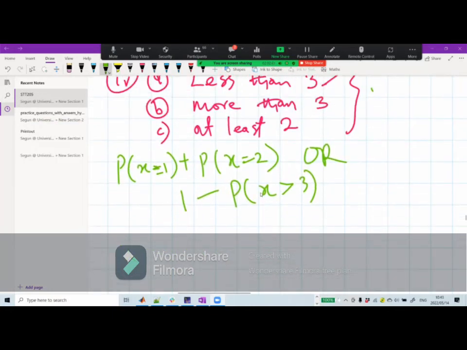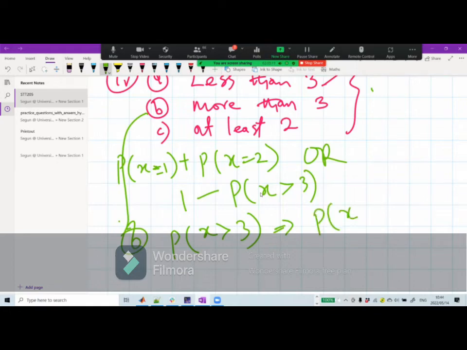Then B: probability of more than 3 is probability of S greater than 3, which implies probability of S equals 4, plus probability of S equals 5, plus probability of S equals 6.